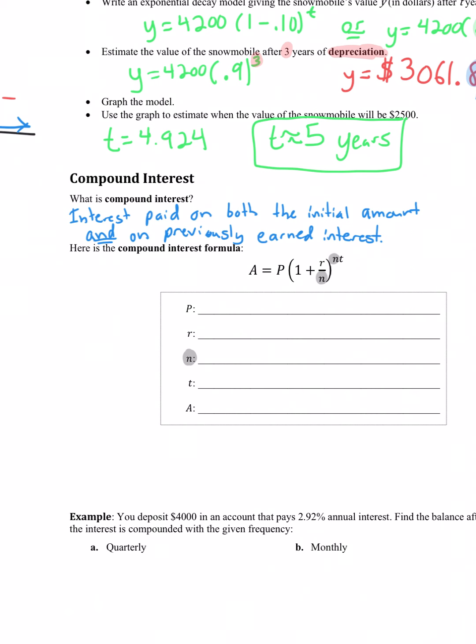So we still see the P value is the starting amount. We're going to call it the principal in this case. That's why it's represented by the letter P instead of the letter A, but that's still the starting value or the initial amount. The R is still the interest rate.